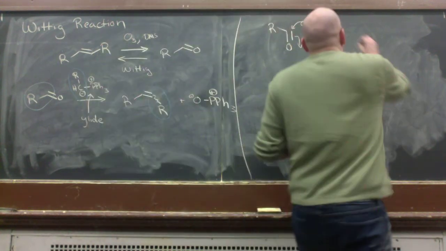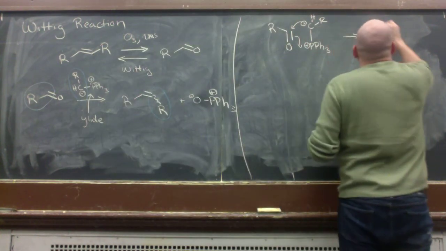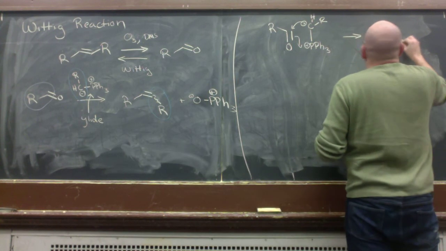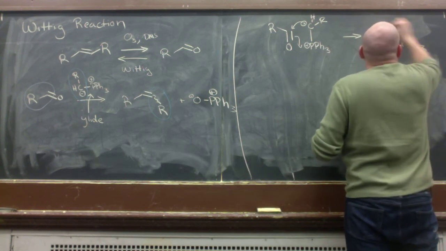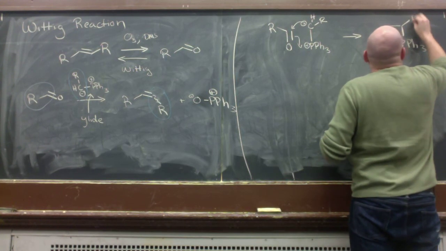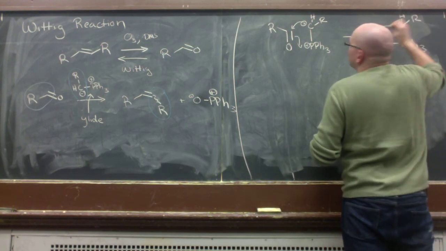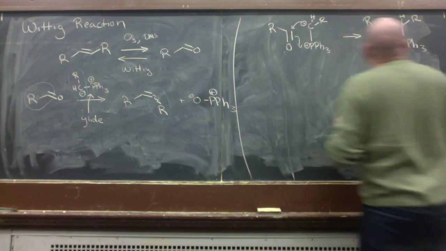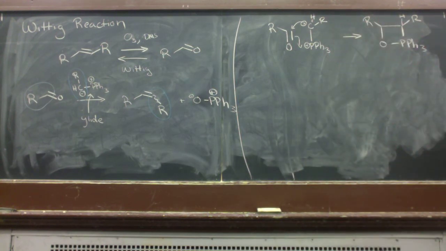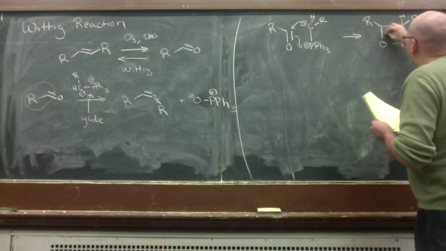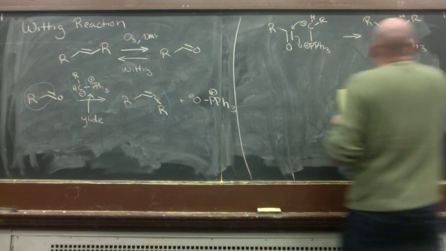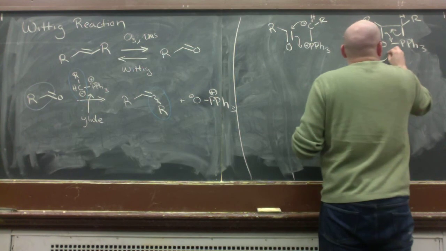And so what happens in this process is you generate a cyclic structure here. Okay. And then what's going to happen is you're just going to break down this species. So again, if you want to draw it as a double bond, you can. Again, these are simply resonance forms of one another.